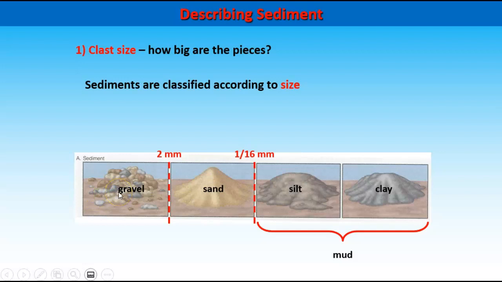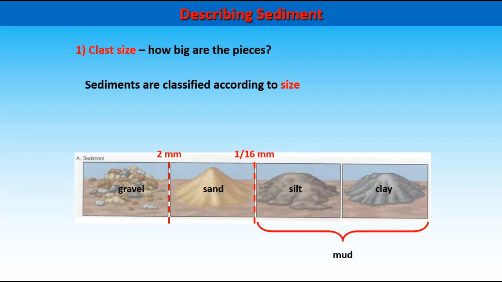And so if I said how big are these pieces and they're bigger than 2 millimeters, you'd say they're gravel size pieces. So look, 2 millimeters, I know you might not know that off the top of your head, but sand, think about beach sand. That falls into the 2 millimeter to 1/16 of a millimeter size. And anything bigger than that, we're going to call gravel. And remember, all of the pieces don't have to be greater than 2 millimeters.